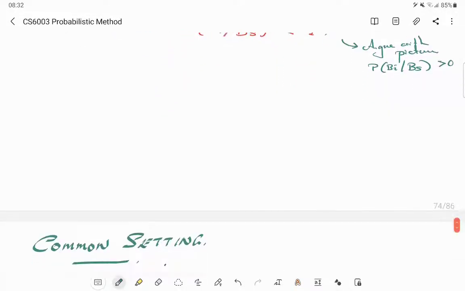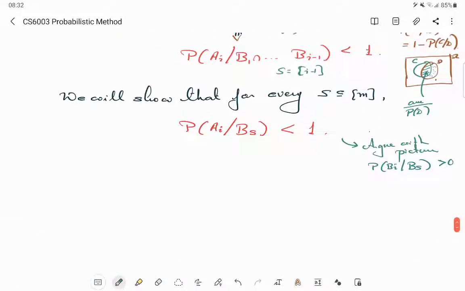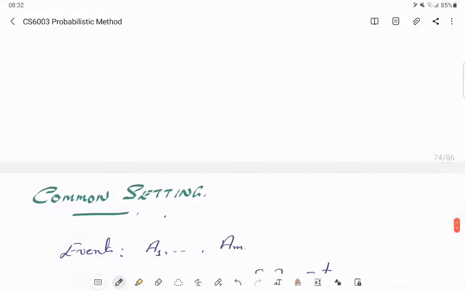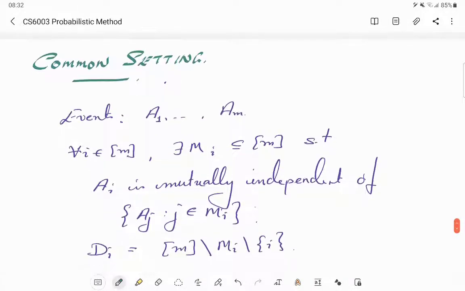So with that, we are ready to state the 3 variants of the lemma and prove them one by one. Again, remember, even in the versions of the Lovasz local lemma that we are going to state, some things are going to be common, which you already know.